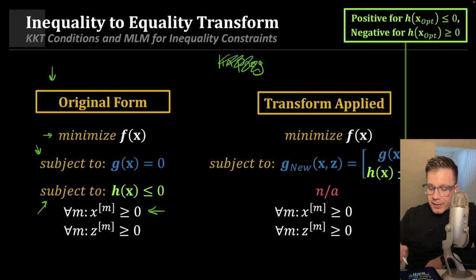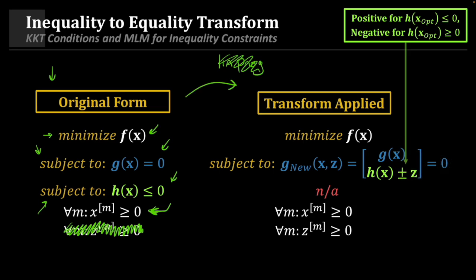And for this module, we're assuming that x must be greater than or equal to 0. I'm going to mark this piece out because we don't have any z yet on the left-hand side. All right, so this is our original problem: objective function, equality constraint, inequality constraint, and another inequality constraint that is applied only to the decision variable.